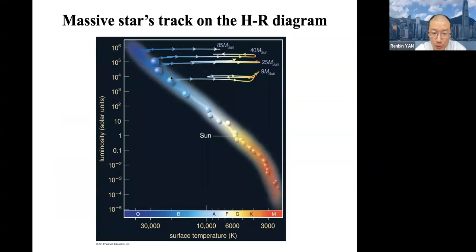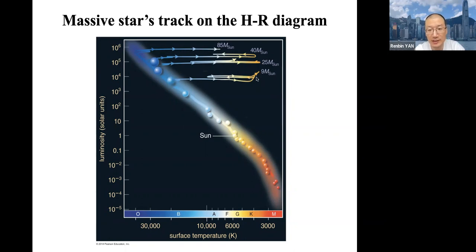What does the star do on the HR diagram? It will actually go back and forth many times, right? When the core fusion stops, it goes to the right, it expands because it has gravitational contraction in the core and then some shell fusion around it, and it becomes a red giant.